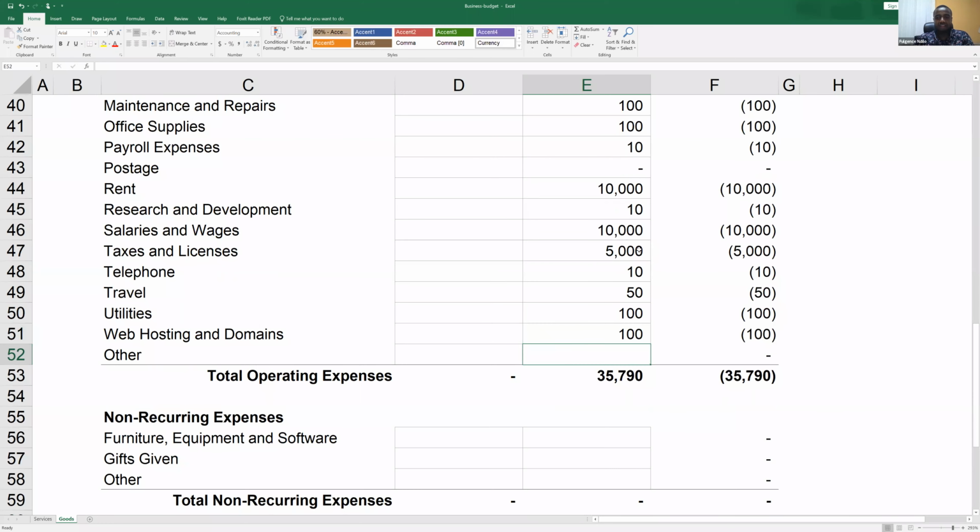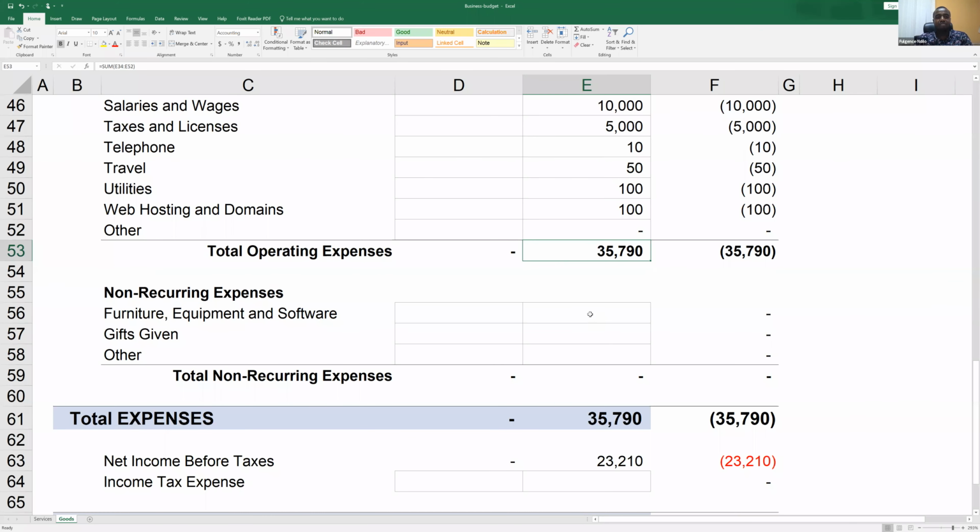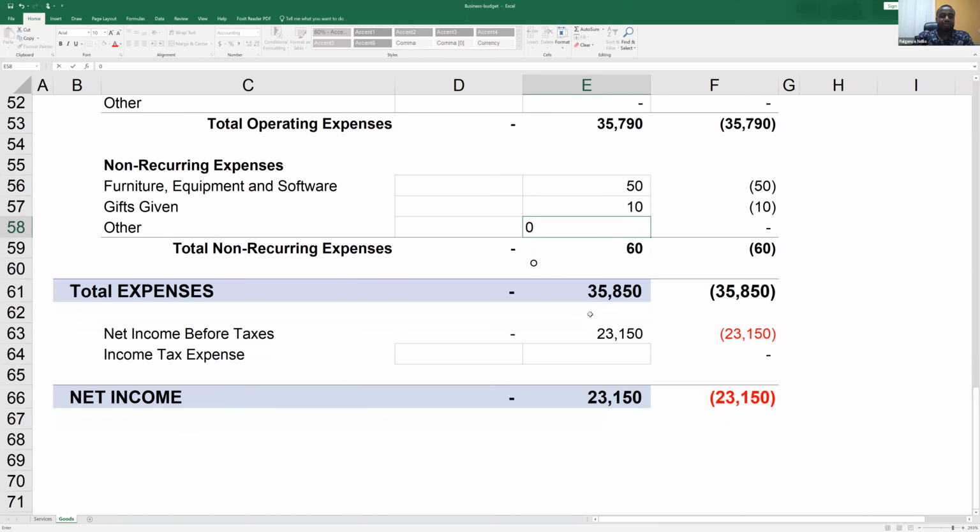Others, we don't have others, right? Then non-recurring expenditure, we have furniture, equipment, software, we can put 50. Gifts given, yes, we give gifts to our clients who have bought cars, so you can put 10. Others, you don't need any. So our total expense coming to 35,850.